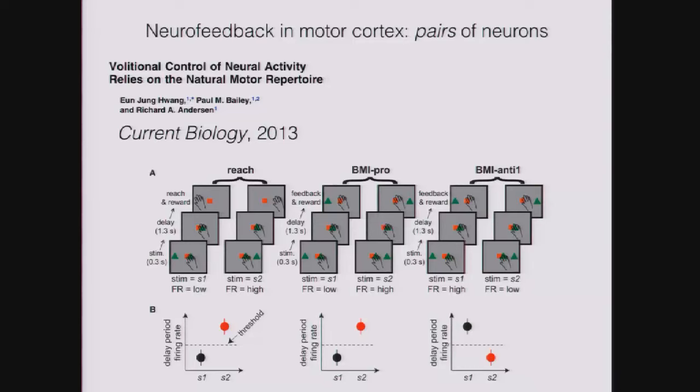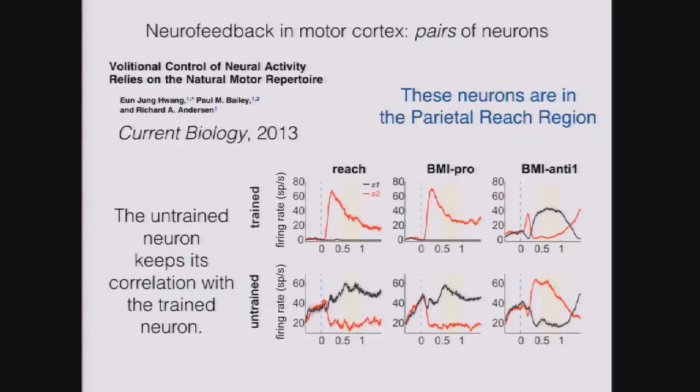And this is work done in parietal cortex, so maybe you expect something slightly different from M1. But what they found is that the trained neuron, the one for which the animal was receiving BCI-based feedback, had the same response during reaching and BMI pro, where they do the switch task. Okay? And then when the animal is doing the BMI anti-task, this neuron goes in the opposite direction, as you'd expect for good control.